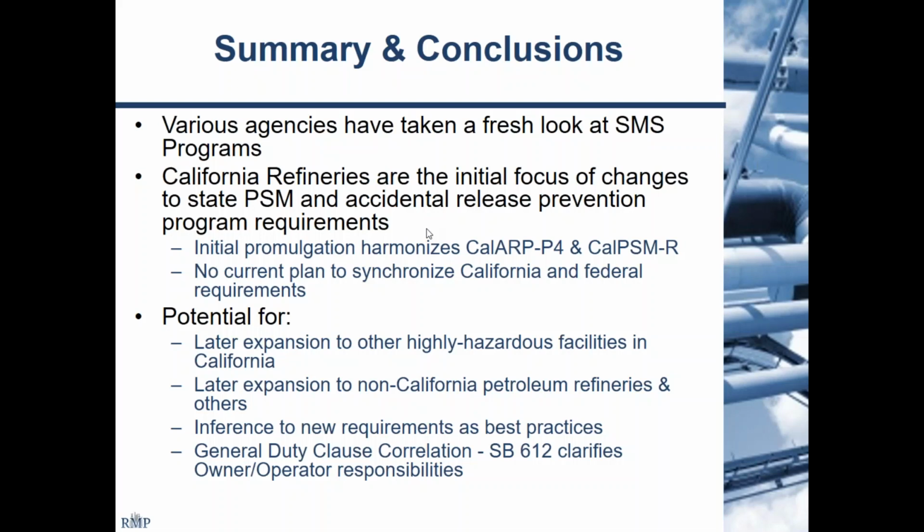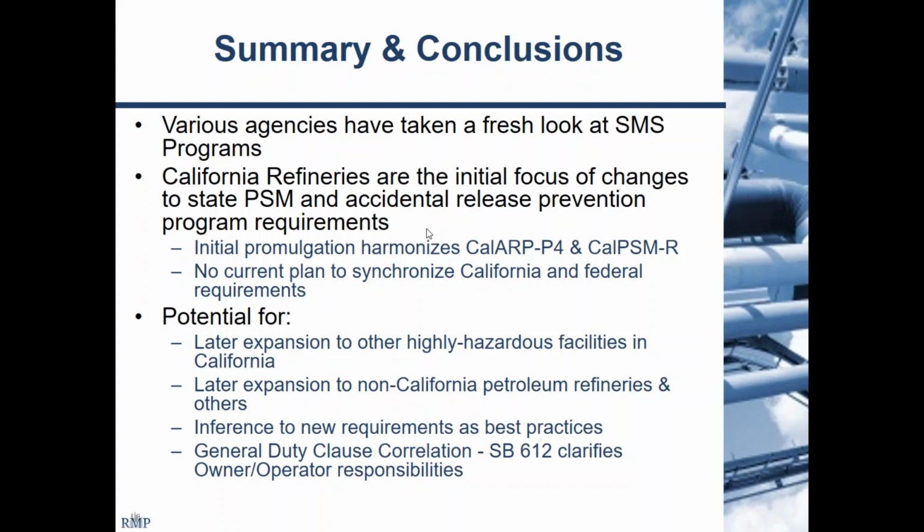And if you're an owner-operator of a refinery in California, and you have other assets in other parts of the United States, you want to make sure you've given careful consideration to understanding what the differences are and that you can justify not applying these things to other facilities. Again, it's not a regulatory requirement, but you want to be aware of it, and you want to be comfortable that what you're doing meets best practice standards.